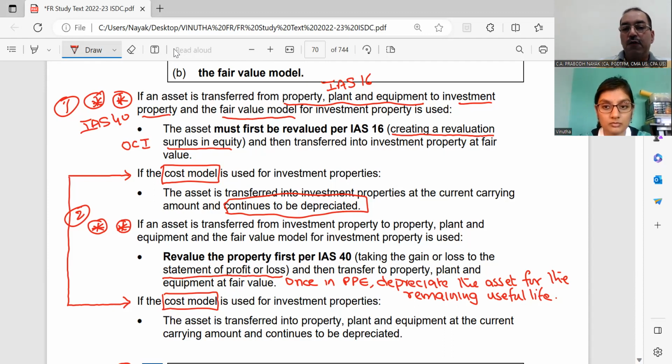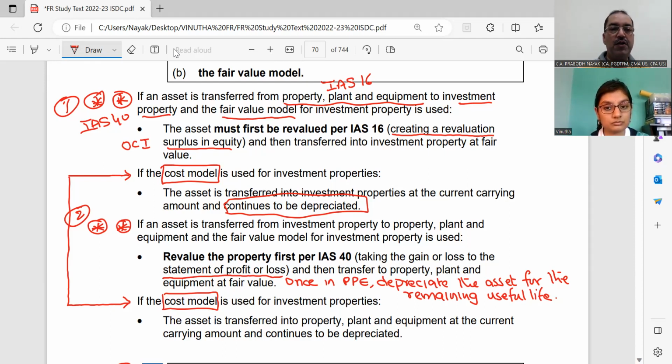So under the fair value model, what do you do? You revalue the asset first. And since it is under IAS 16, the revaluation profit goes to OCI. It is not going to be transferred to SOPL. And then it is transferred into investment property at fair value.